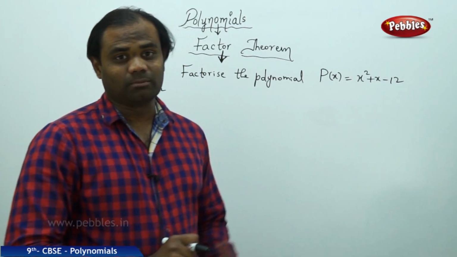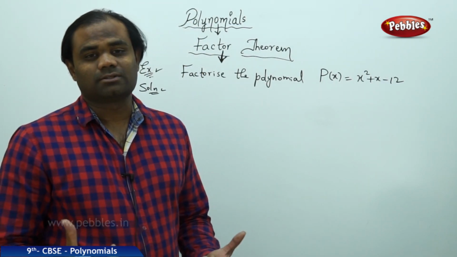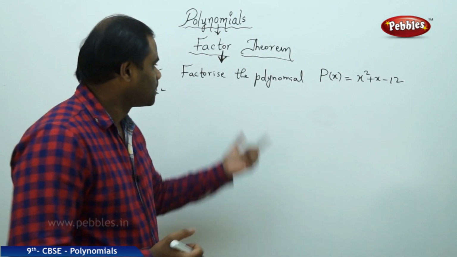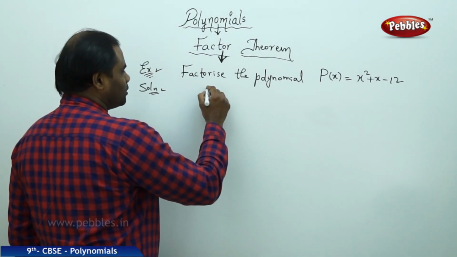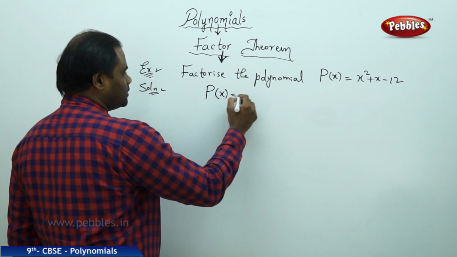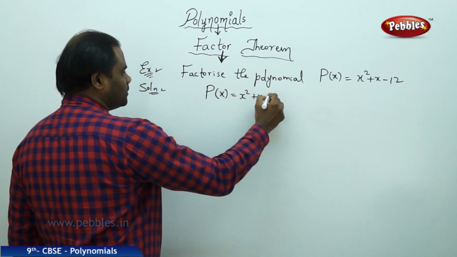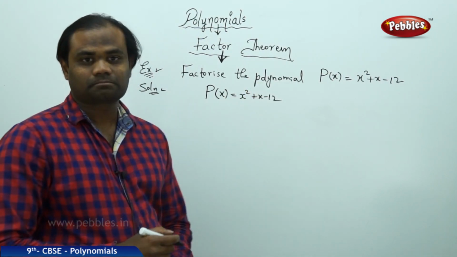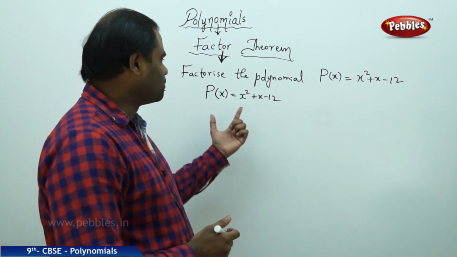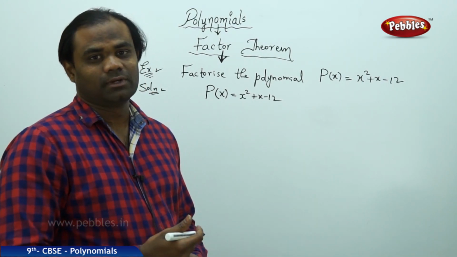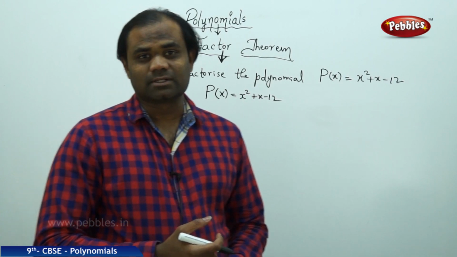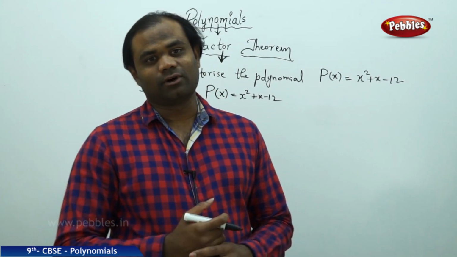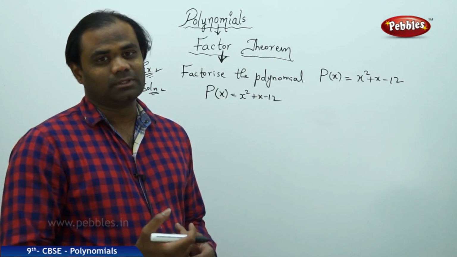Directly through an example problem, let's try to understand the concept more strongly. In this case, my given polynomial is p of x equals x squared plus x minus 12. It is a non-zero polynomial, and I would like to factorize this, or express it as the product of linear polynomials.